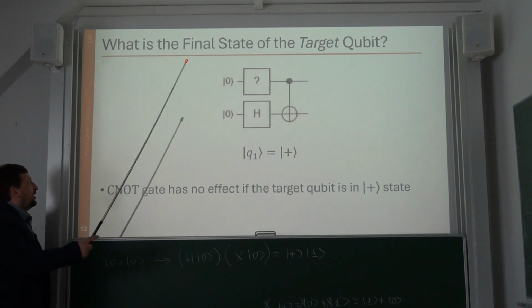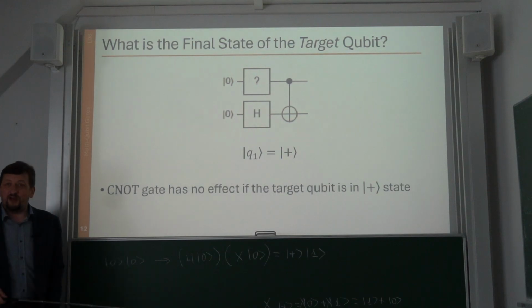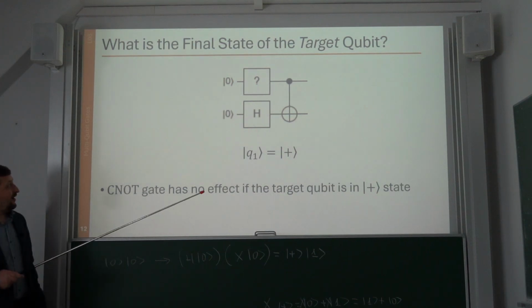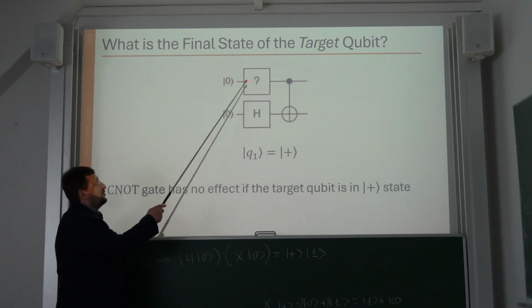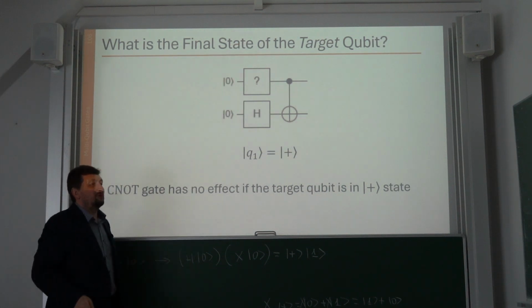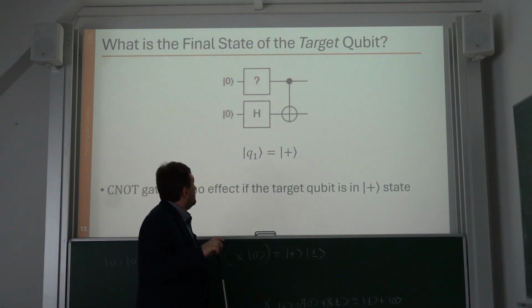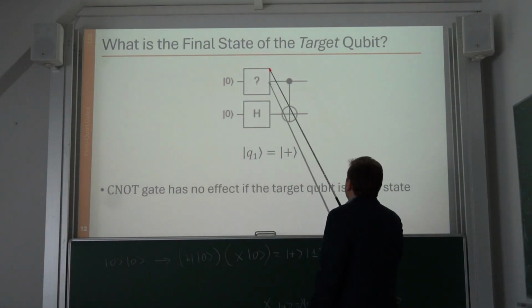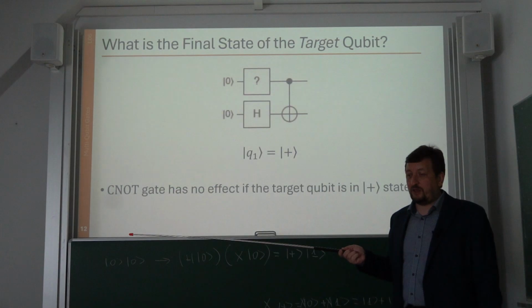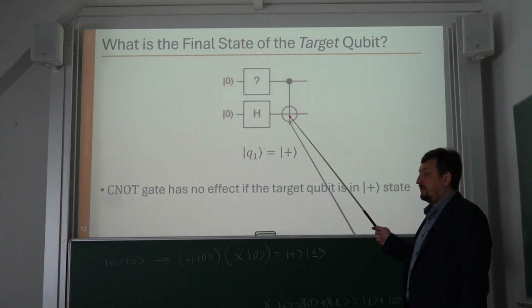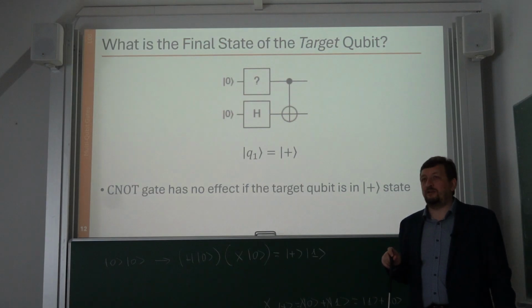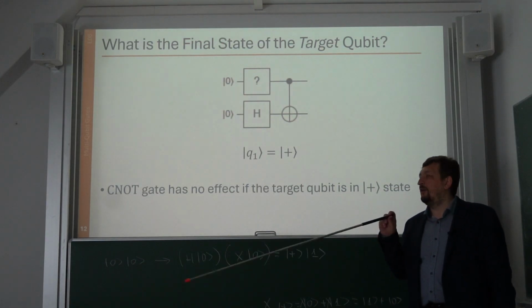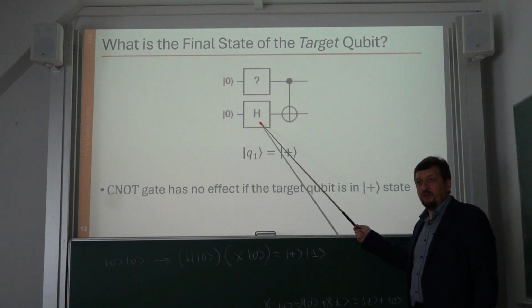Okay, so here is such a nice circuit that does not change the state of this qubit no matter what we do to the control qubit. This shows that the CNOT gate does not behave exactly as classical gates when we have some quantum gates in addition.